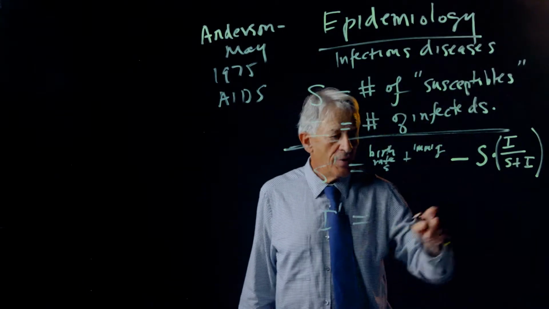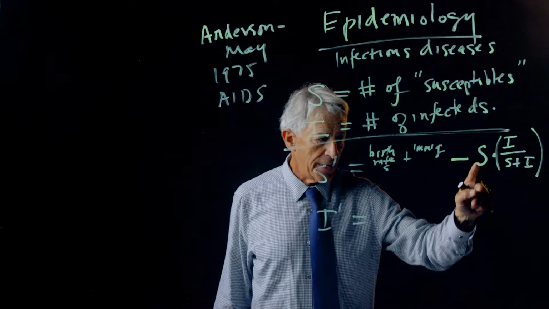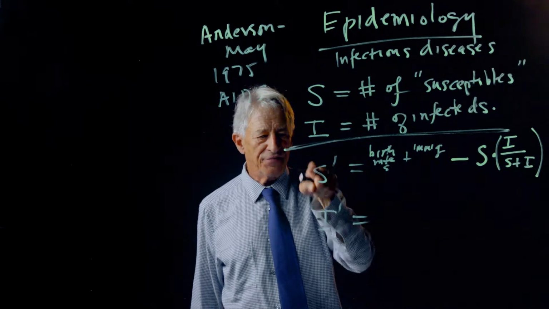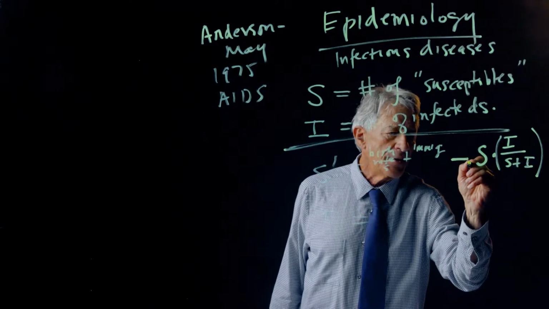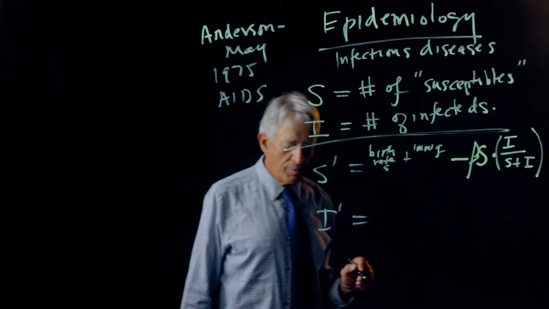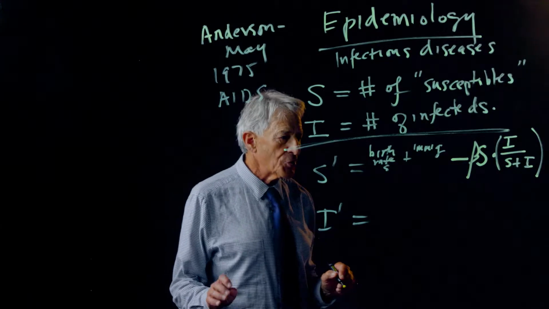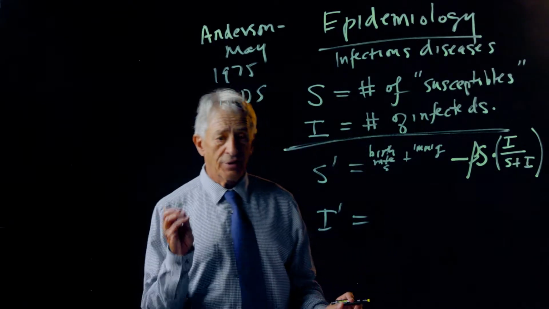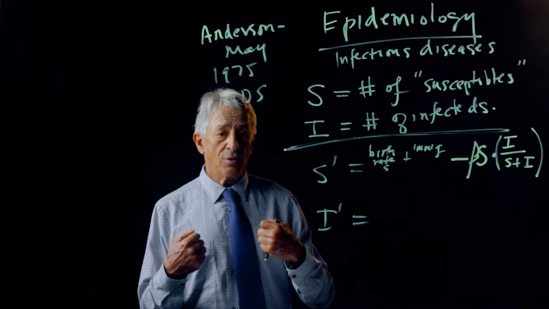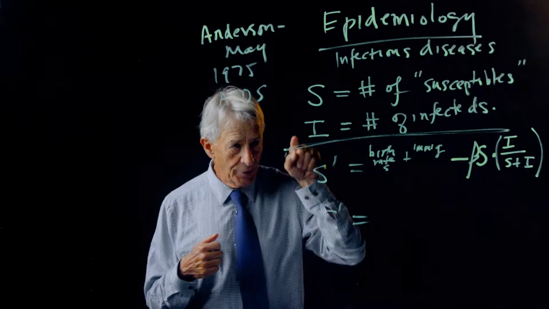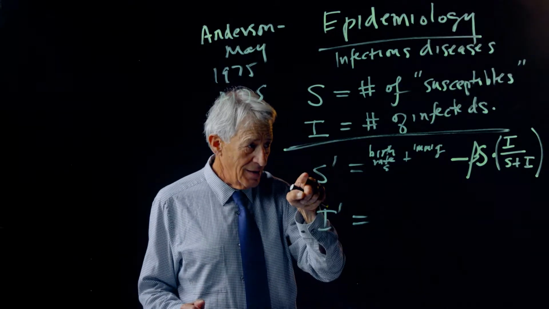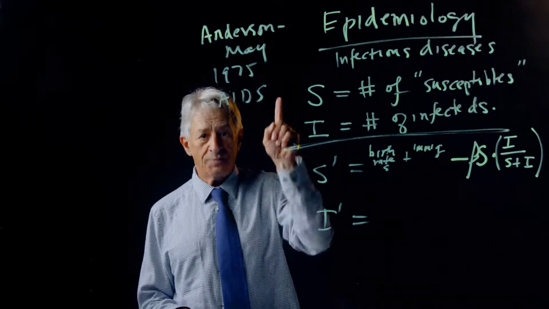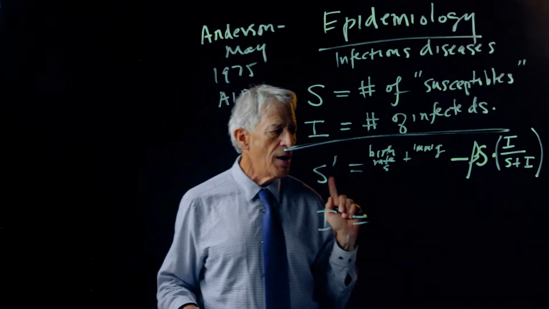And then, of course, not every time an S bumps into an I do we get an infection of the S. That is, of course, there is a probability function there, which is called beta. And beta is the likelihood that an interaction between an S and an I infects the S, lowering it by 1, and upticking the I by 1.